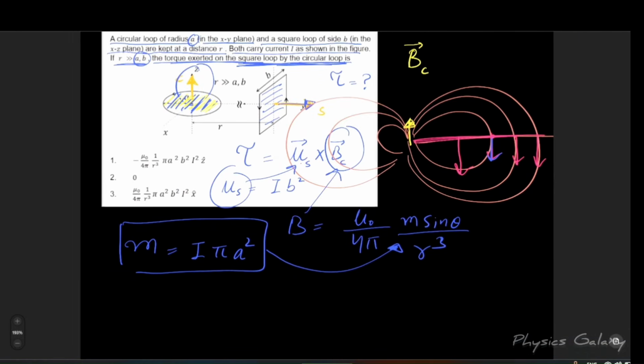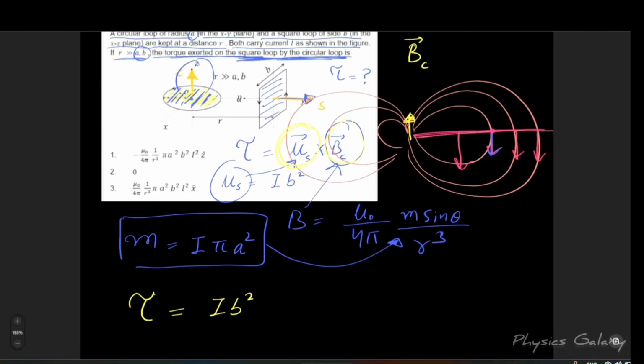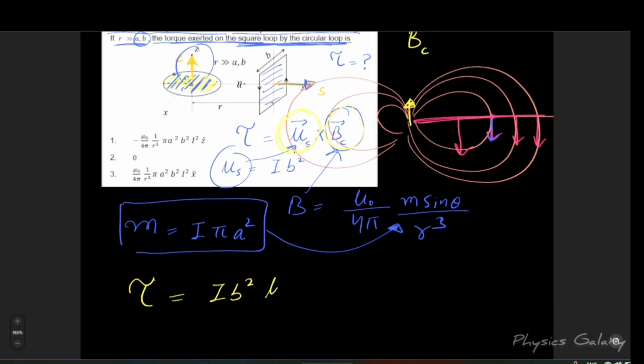So the torque will be equal to mu cross b, so mu s, so I b square. And if we can see, mu and b are perpendicular, so sine 90 equals 1. Then we have b equals mu naught by 4 pi. m again is I pi a square, then sine theta.